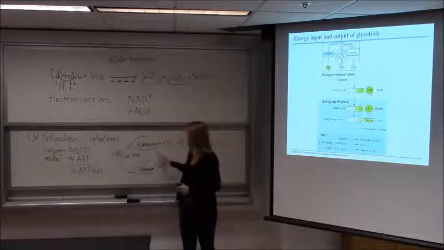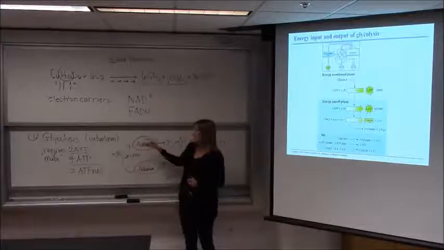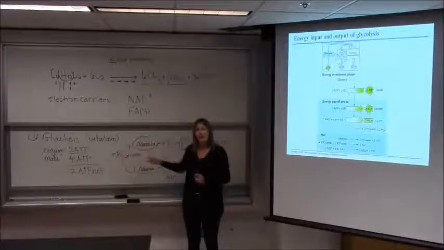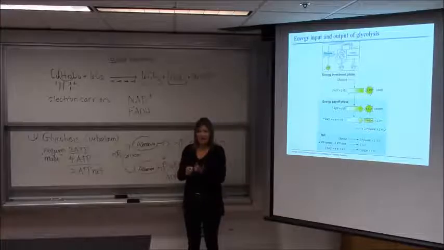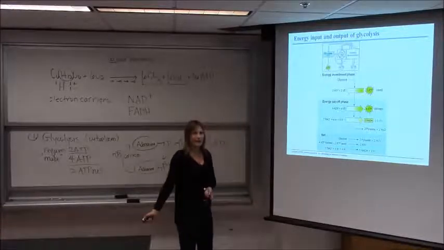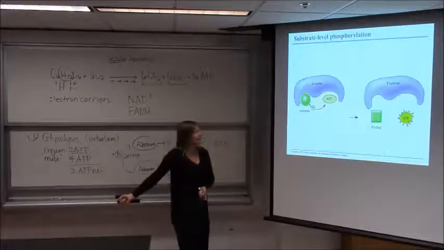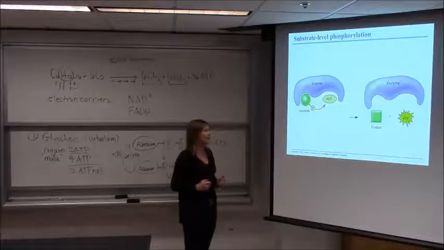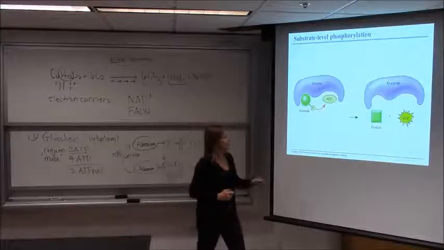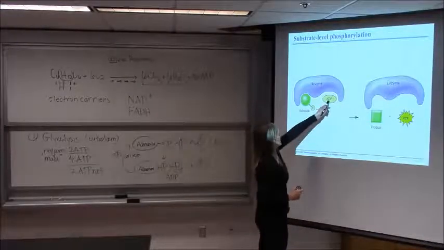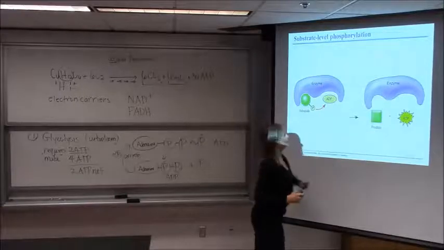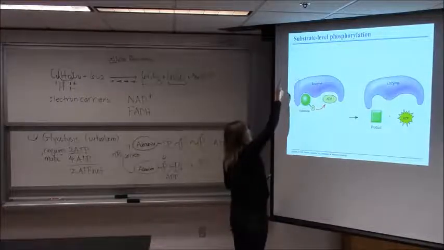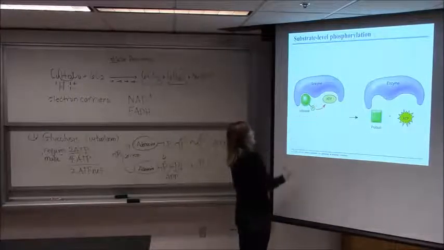We're really just rephosphorylating ADP. In glycolysis, the way we rephosphorylate ADP is using an enzyme. And because we're using an enzyme to transfer that phosphate group to ADP to form ATP again, it's called substrate level phosphorylation.